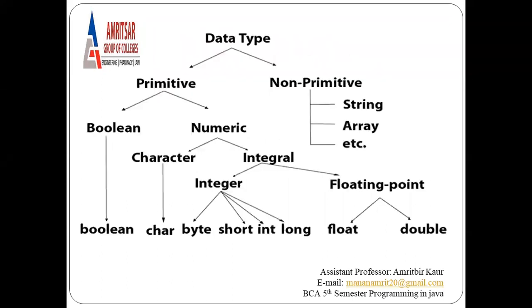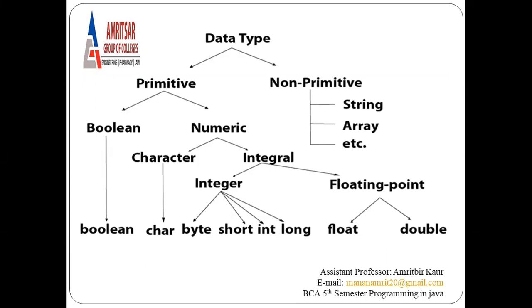So firstly, we have 2 types of data type, primitive and non-primitive. Then in primitive, there can be 2 types, Boolean and numeric. Boolean will store a Boolean result like true and false. So in Boolean, there is only one data type, Boolean. In numeric, there can be characters and numbers. So numeric can be of two types, character and integral. In character we have only one data type, char, which we can use for storing characters.